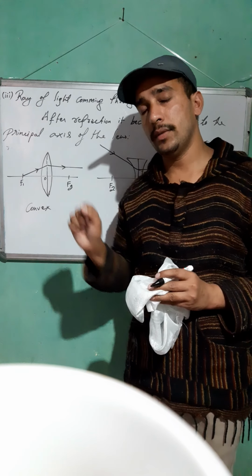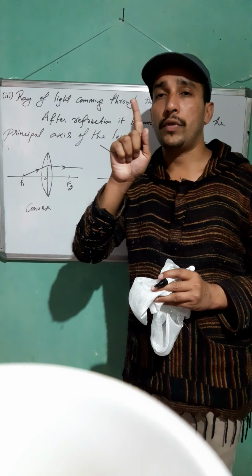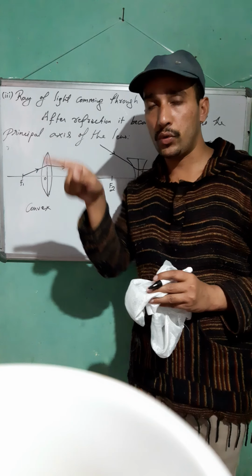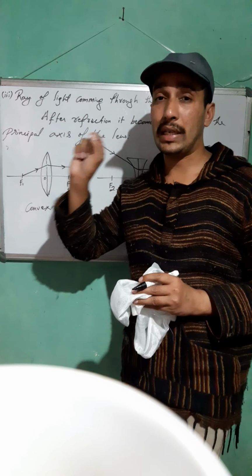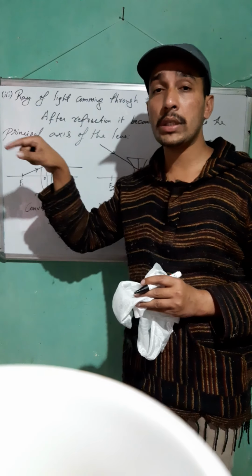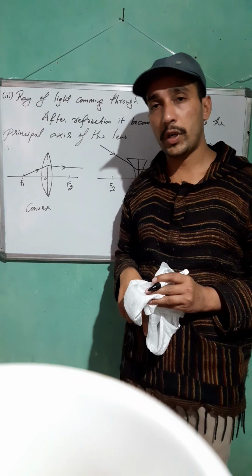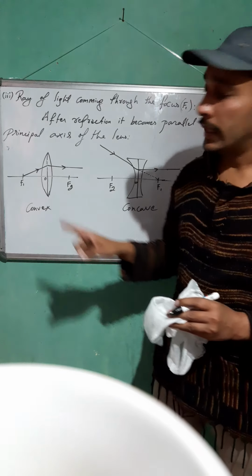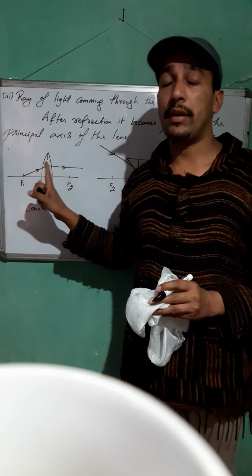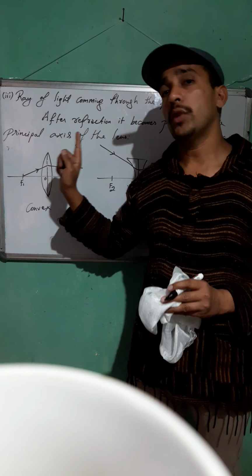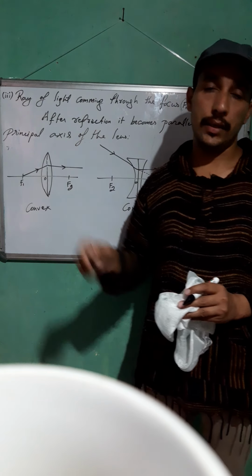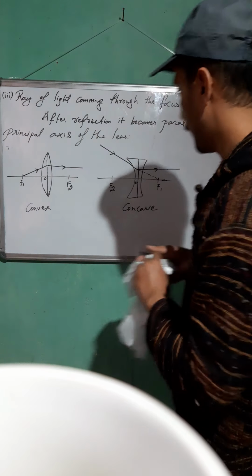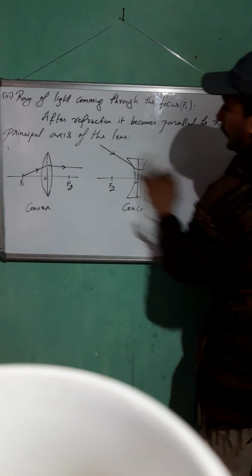After refraction, in case of a convex lens, it passes through the focus F2, and in case of a concave lens, it diverges as if through the focus F2. Third, a ray of light coming through the focus F1. After refraction, it becomes parallel to the principal axis of the lens. Okay, 3 important rays.